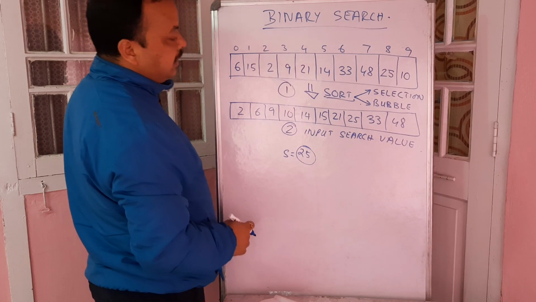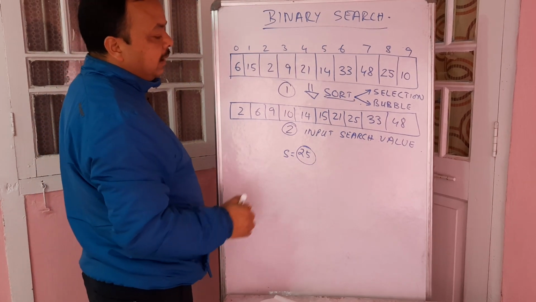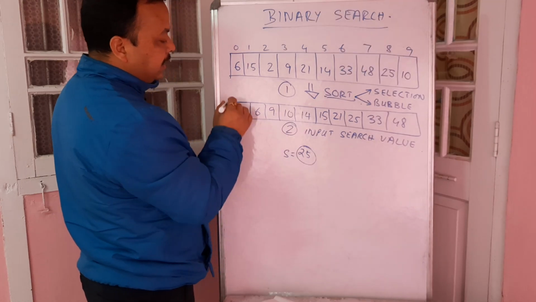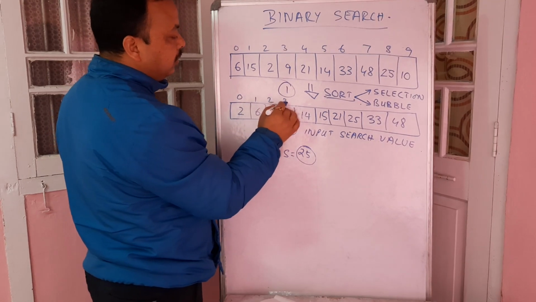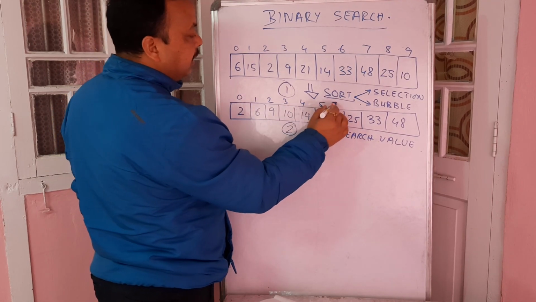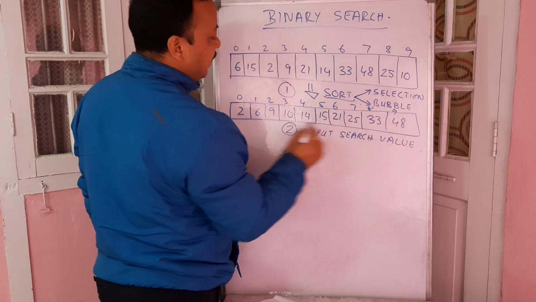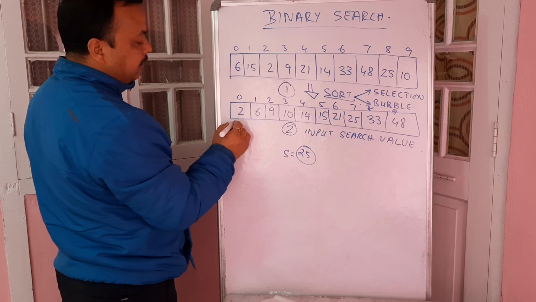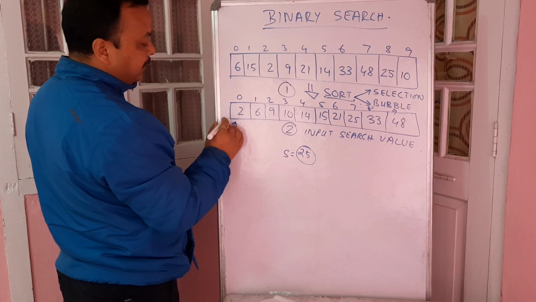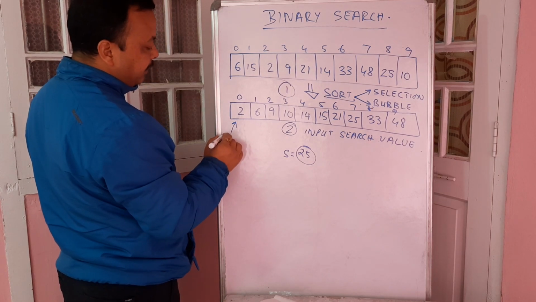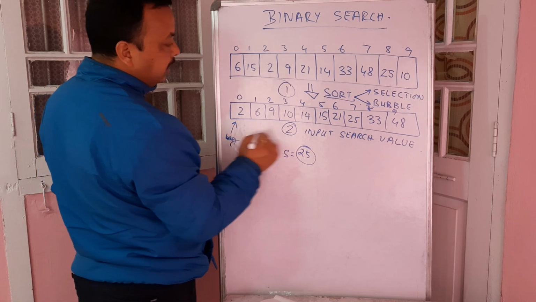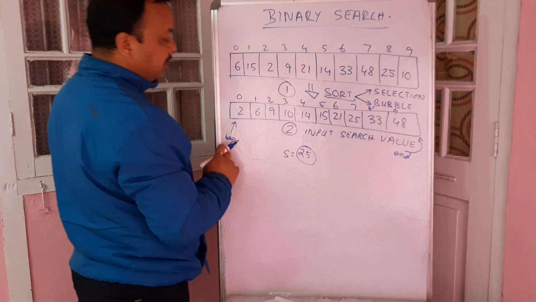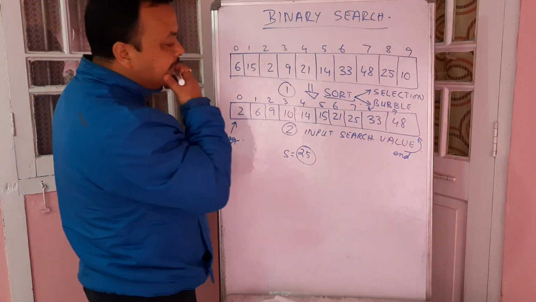What we do first is divide the array in such a way that we reach the middle element. There are 10 elements, so we'll take two variables, one to point to the beginning and one to point to the end.